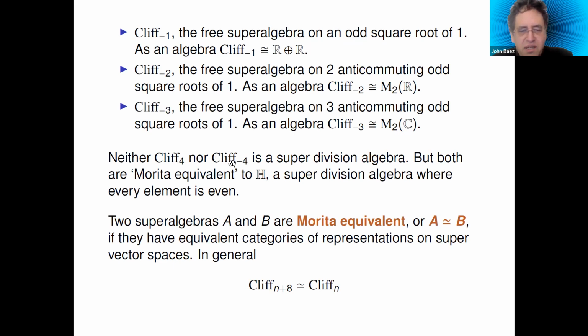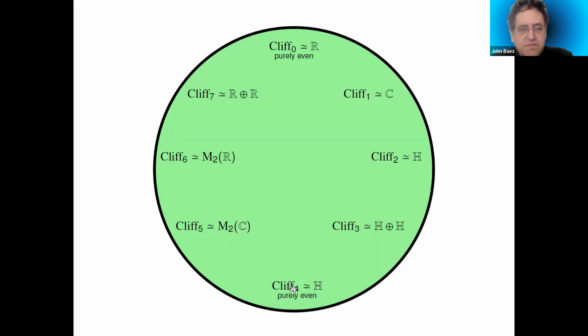Cliff 4 and Cliff -4, they're not super division algebras, but they're both the purely even quaternions tensored with some matrix super algebra. So then we've gotten all these guys.